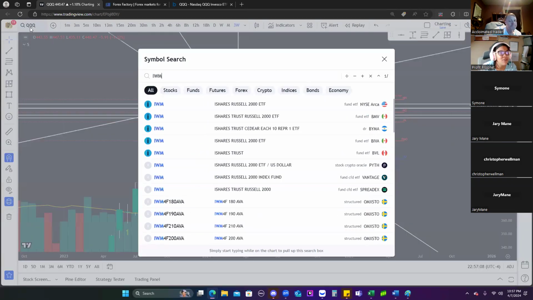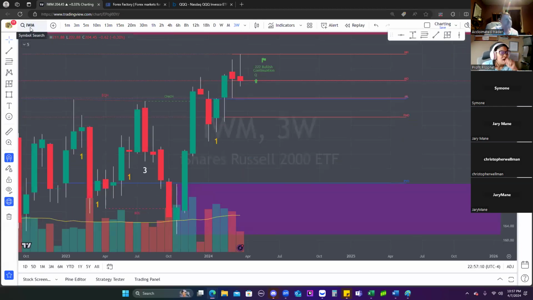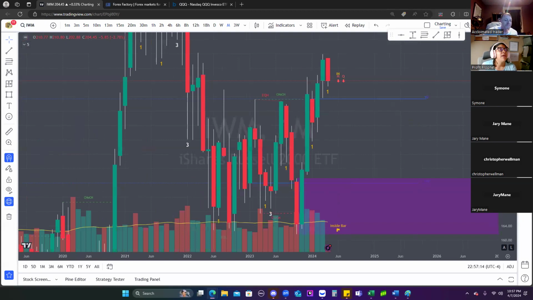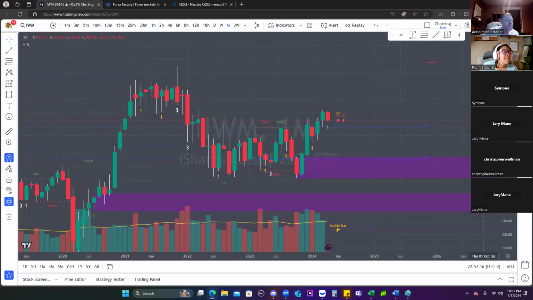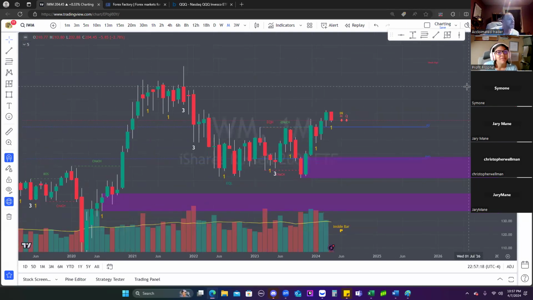IWM. Who doesn't love the Russell and small caps? Ooh, I do. I really do like IWM. Yeah, I do too. I just pulled it up, and IWM is something to pay attention to, because if IWM can't catch a bid or hold a bid, SPY is very sensitive to that.